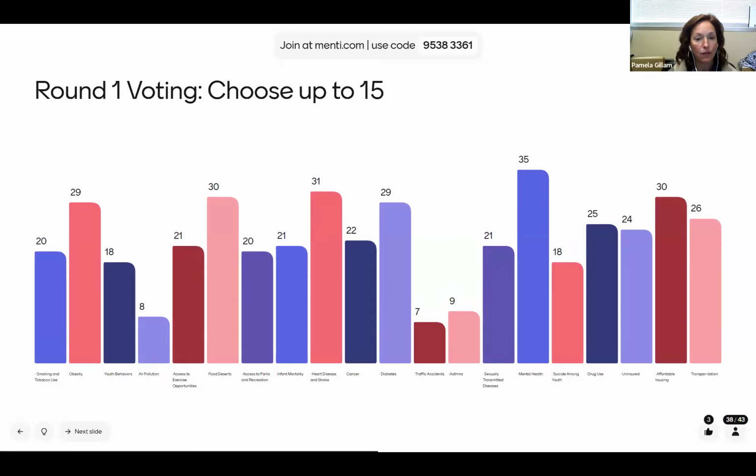And then we have 2 that were voted for 18, which is youth behaviors and suicide among youth. So those are the 5 that we're going to eliminate based on round 1 of voting.